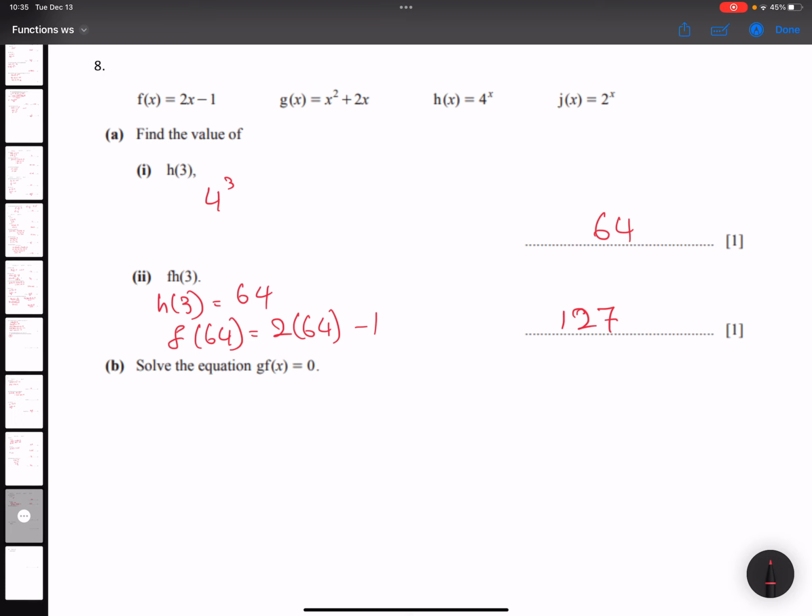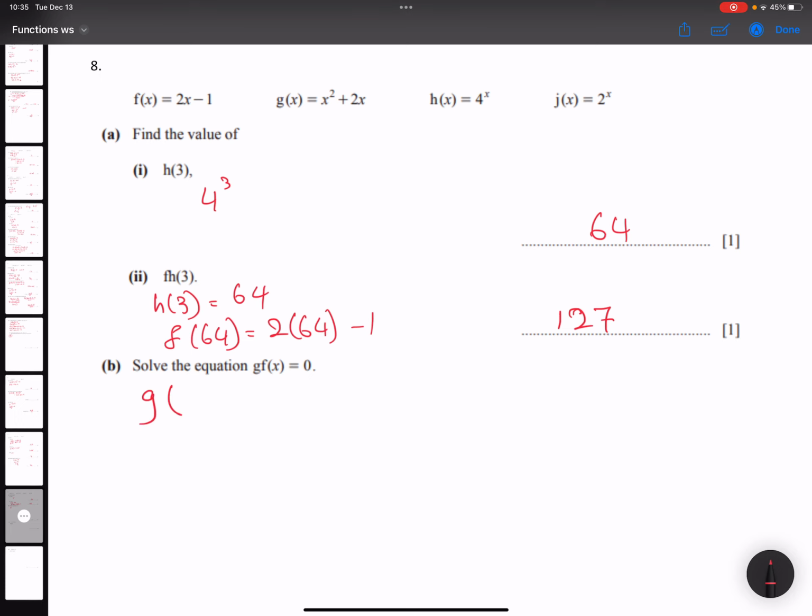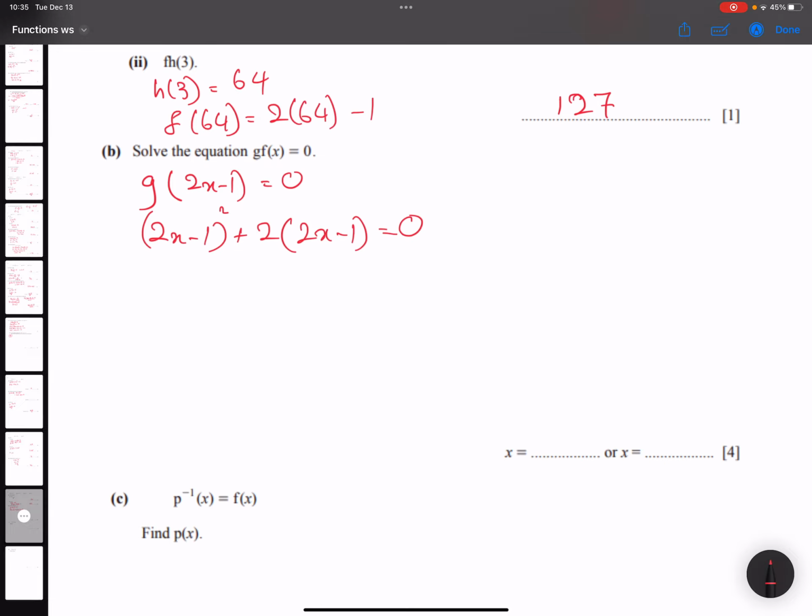After that, g f of x equals 0. So g of 2x minus 1 equals 0. g of x is x squared plus 2x. So 2x minus 1 squared plus 2x minus 1 equals 0. 4x squared minus 4x plus 1 plus 4x minus 2 equals 0. 4x squared, plus 1 and a minus 2 is a minus 1, equals 0.